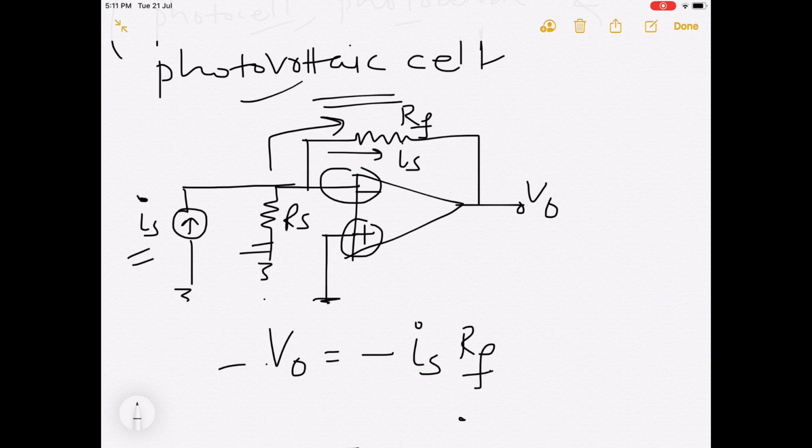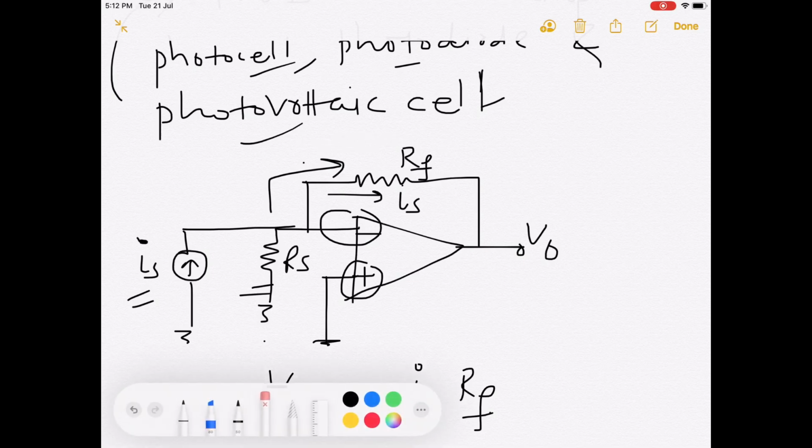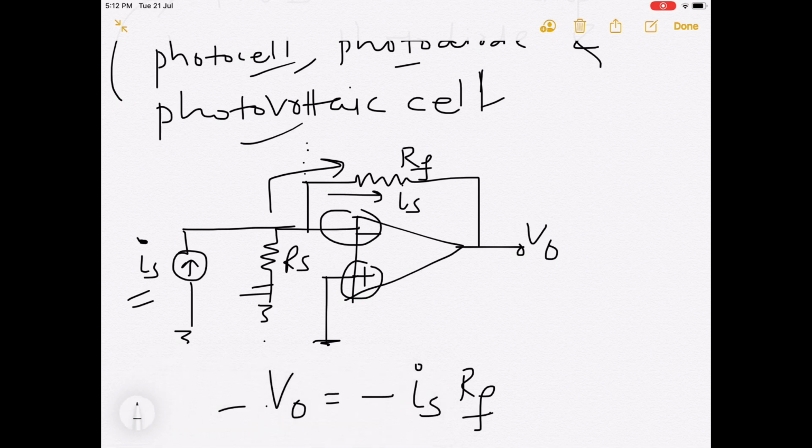The resistor RF is sometimes shunted with a capacitor. Many times this RF is shunted with one capacitor, which is why I am showing it in dotted form, to reduce high frequency noise and the possibility of oscillations. So, this CF can be connected to reduce oscillations. The lowest current that the circuit can measure will depend upon the bias current IB of the op-amp.